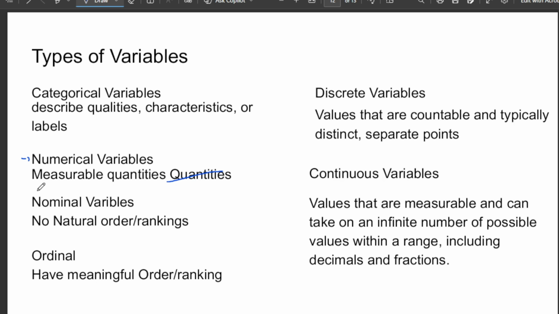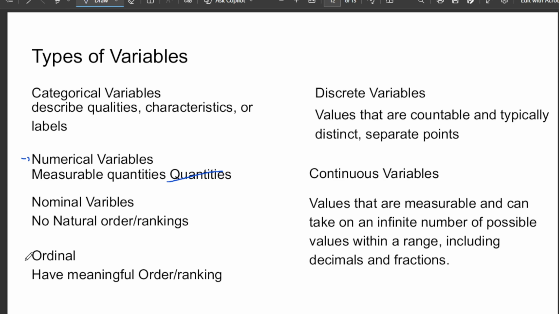How about nominal variables? Nominal variables have no natural order or ranking. Again, it's the same thing as blood types; there's no ranking in it, right? And also state of residence, which doesn't have any order or ranking. How about ordinal?